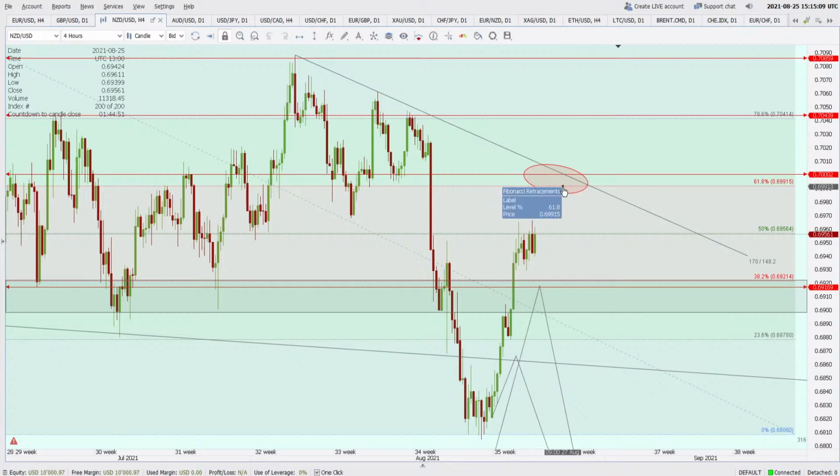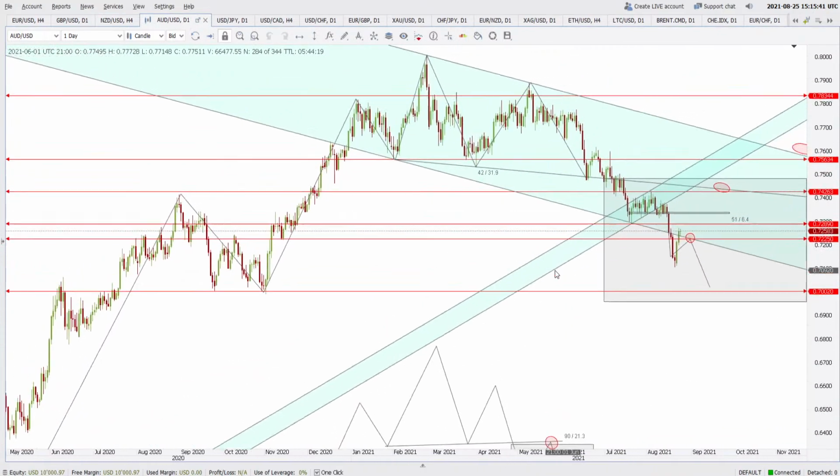So once this time the price tries to go here, I think a lot of sellers will be ready to open their positions with the target at around 0.6916 as the first target and 0.6808 as the second target, which was the recent low here. So this is about the New Zealand dollar against the US dollar. But if the price starts falling from here, 0.6916 is where I am expecting some support for the price.